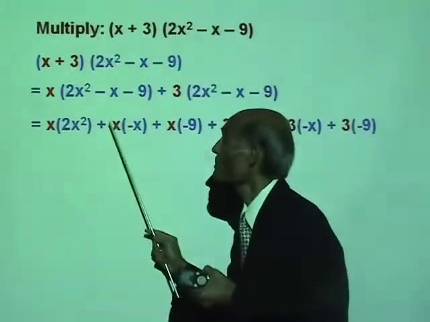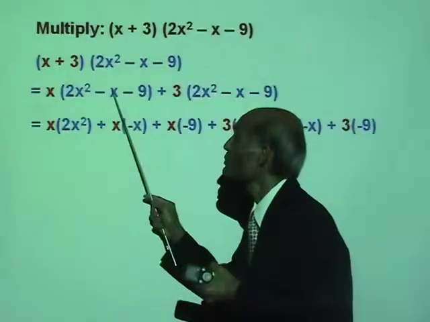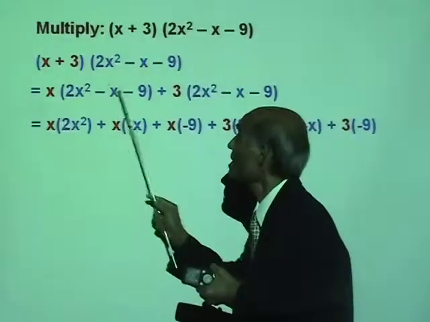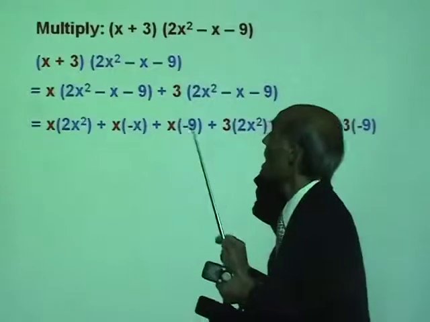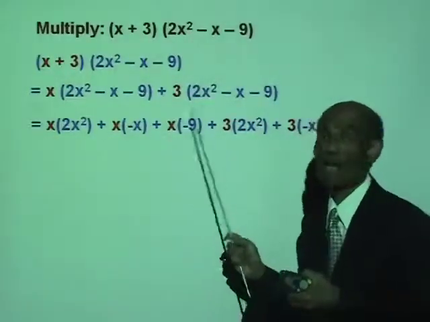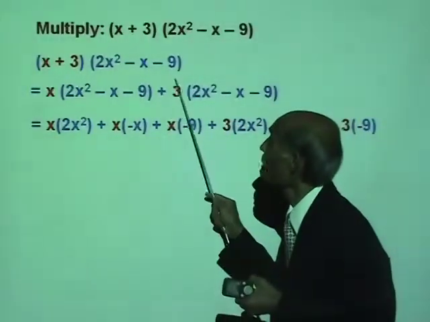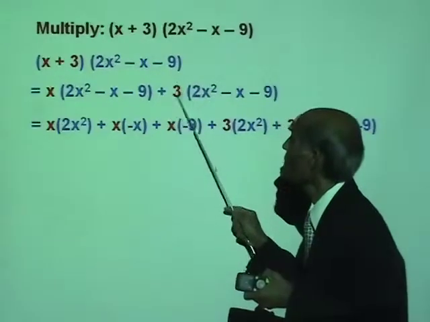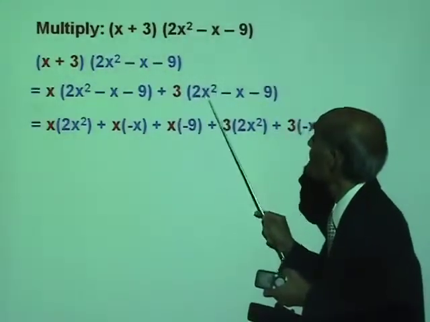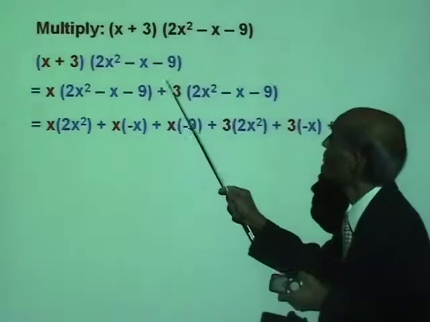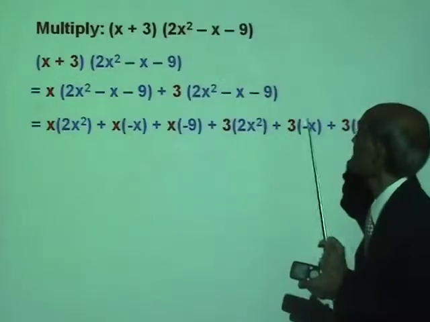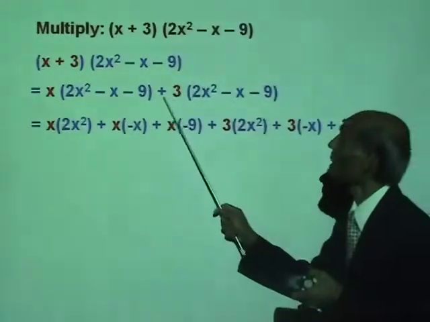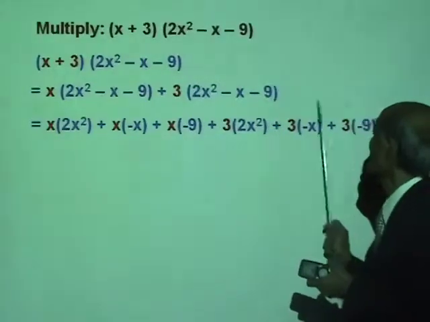Positive x, so that will be plus x times this negative x, plus x times the negative 9. And now distribute this positive 3: plus 3 times 2x squared plus 3 times negative x plus 3 times negative 9.